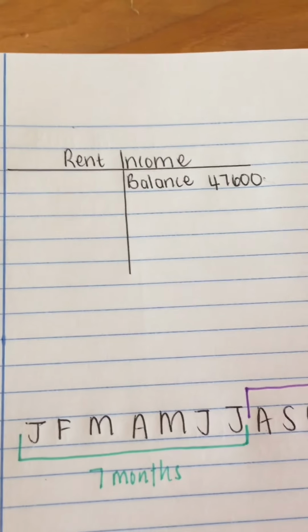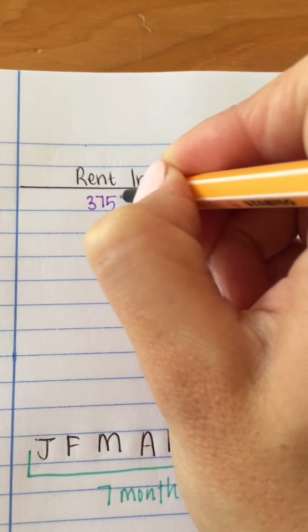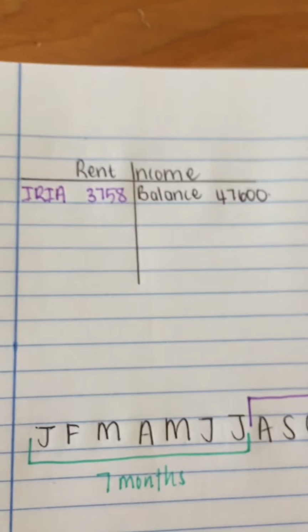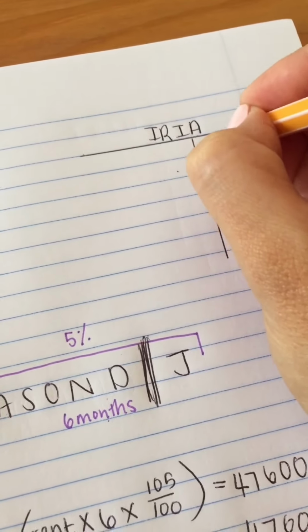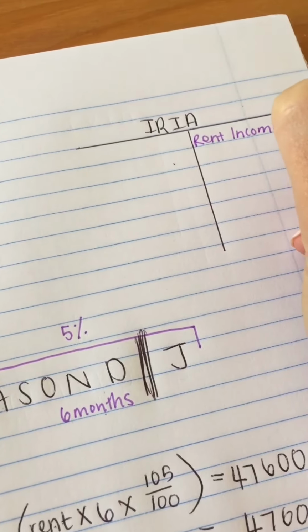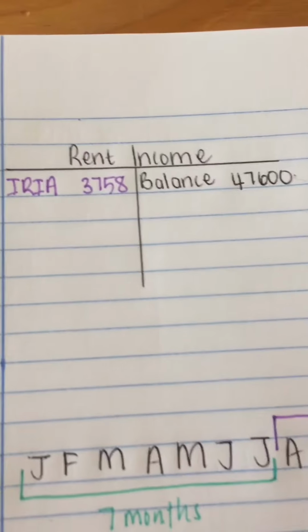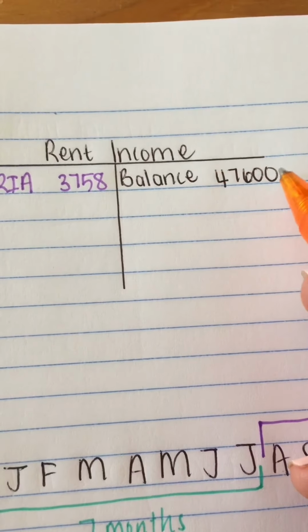So when I go to my rent income account, 3,758 will be my income received in advance. I'll also put it in there, rent income 3,758. And then I must just close this off. So I know that was for 13 months.